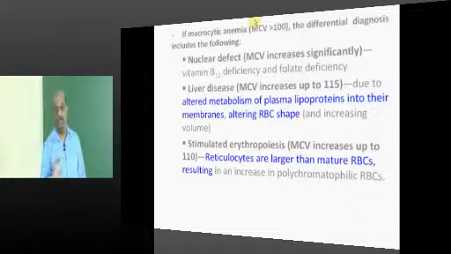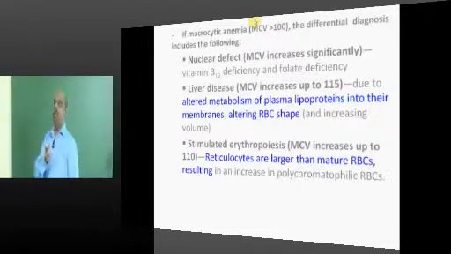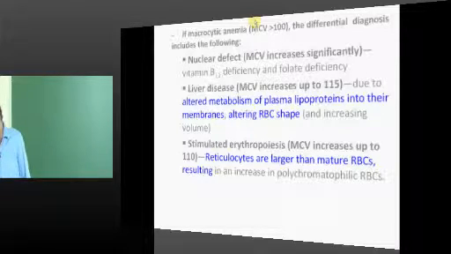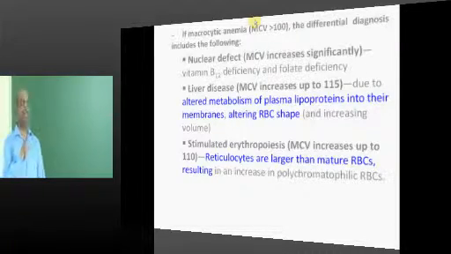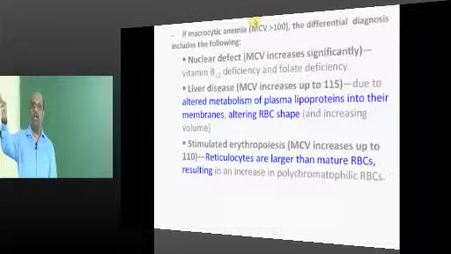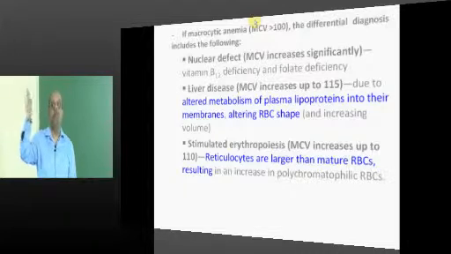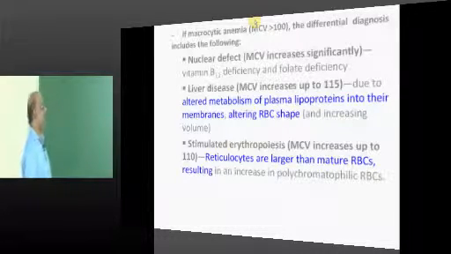Favorite question of the examiner: what are the causes of non-megaloblastic macrocytic anemia? Liver disease, alcohol, hypothyroidism. That's what needs to be remembered.